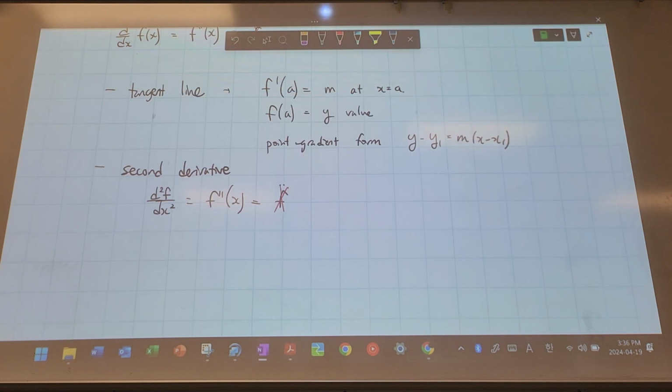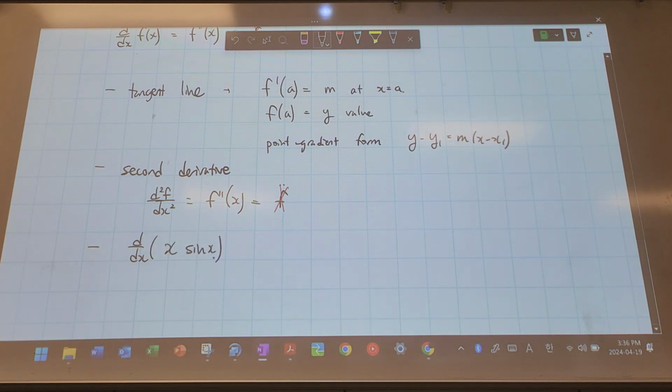Product rule, quotient rule, chain rule. So if you ever want to differentiate some weird shapes, for example, let's say you're trying to differentiate x sine x. Right? So you see this, and then you think, hey, this is a product of two different functions, right? You can represent it as d over dx of u times v, where u and v are both functions of x.